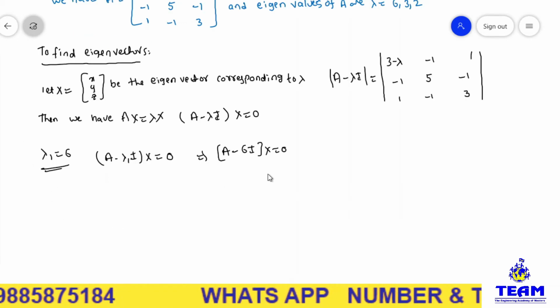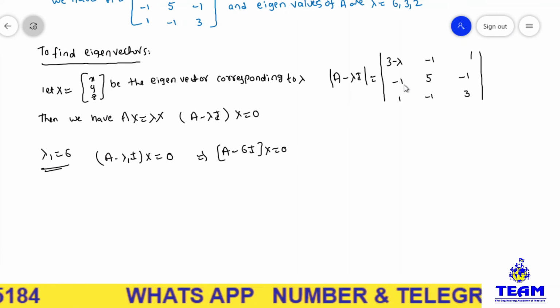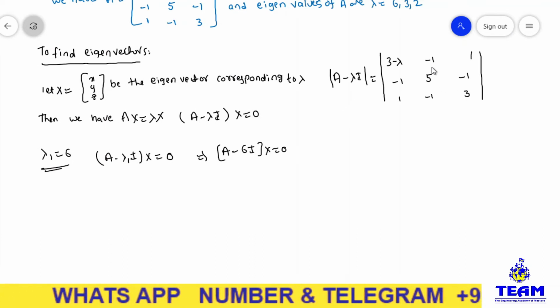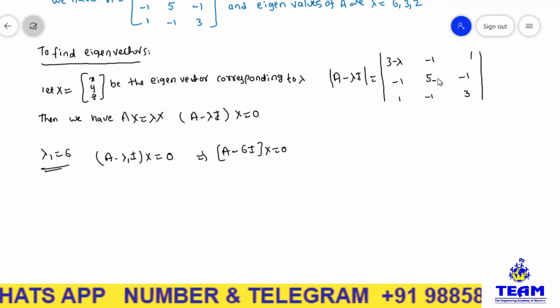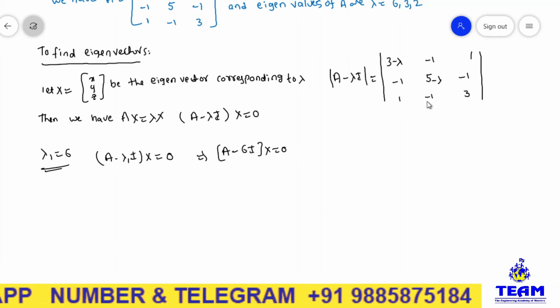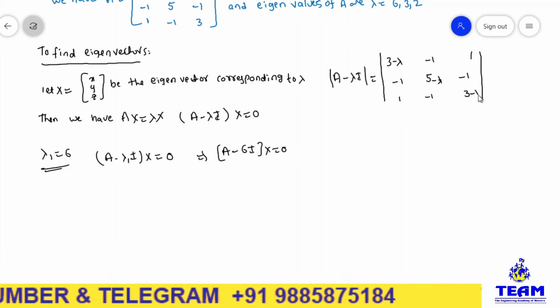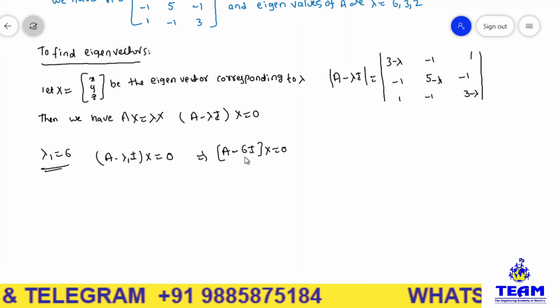Okay friends, we have A minus lambda I as 3 minus lambda, minus 1, 1; minus 1, 5 minus lambda, minus 1; 1, minus 1, 3 minus lambda. Now in place of lambda I have to substitute 6.